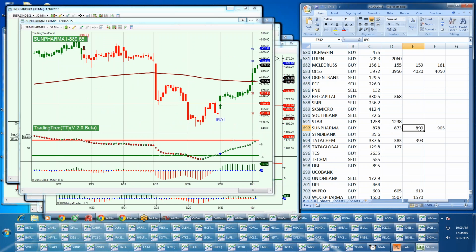So if this first profit should be almost done, then you can change it to 893.